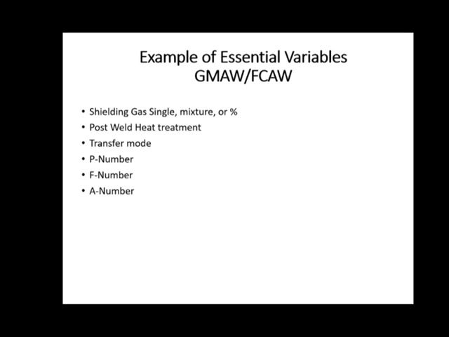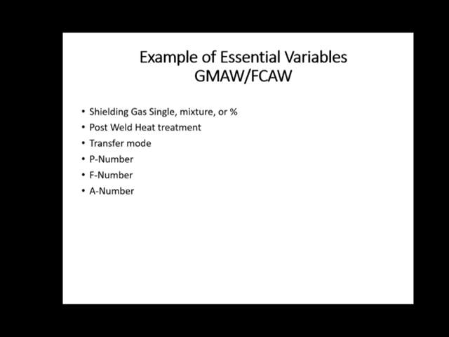Let's say we had a gas metal arc welding procedure using an F43 filler material, which is a nickel alloy, and we wanted to change and qualify the procedure using an austenitic stainless steel, which would be F number 6. So you've changed F numbers there. You've got to go back and requalify.